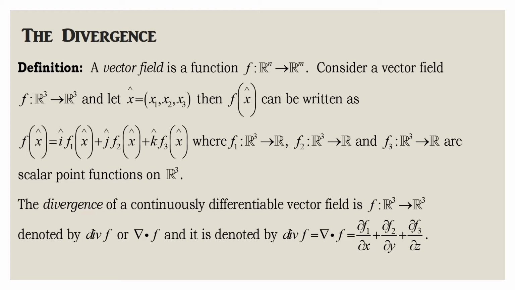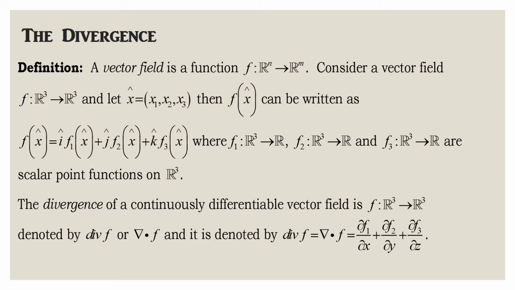So div F equals ∂F1/∂x plus ∂F2/∂y plus ∂F3/∂z. We have to observe one fact. The divergence of a vector field is a scalar. So the divergence, del dot, is a vector differential operator which is applied on a vector field and it produces a scalar field. In our previous lectures, we have seen the gradient operator.